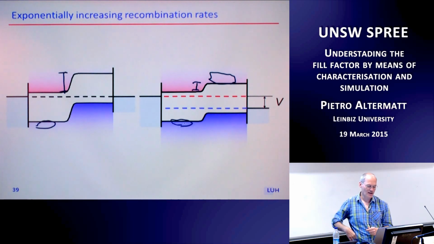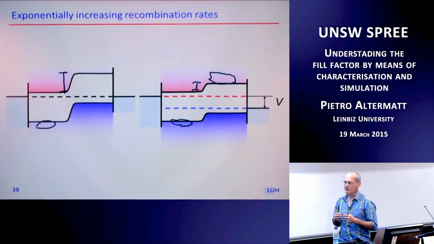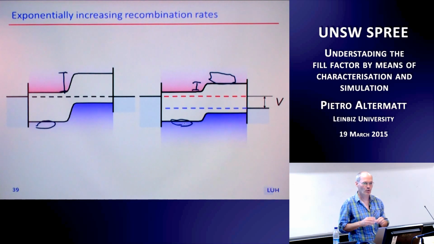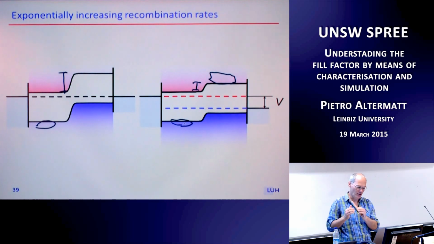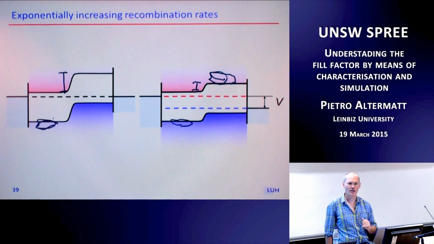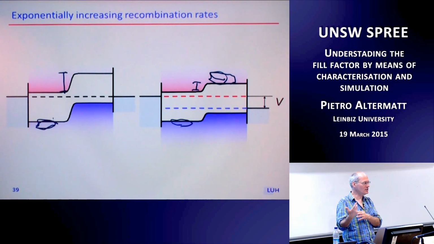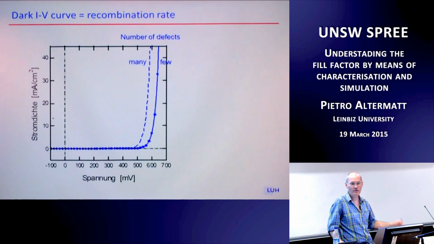Any type of recombination we usually have in solar cells is proportional to the minority carrier density, and the minority carrier densities increase exponentially with applied bias. You get an exponentially increasing recombination rate with bias, and with that an exponentially increasing IV curve.